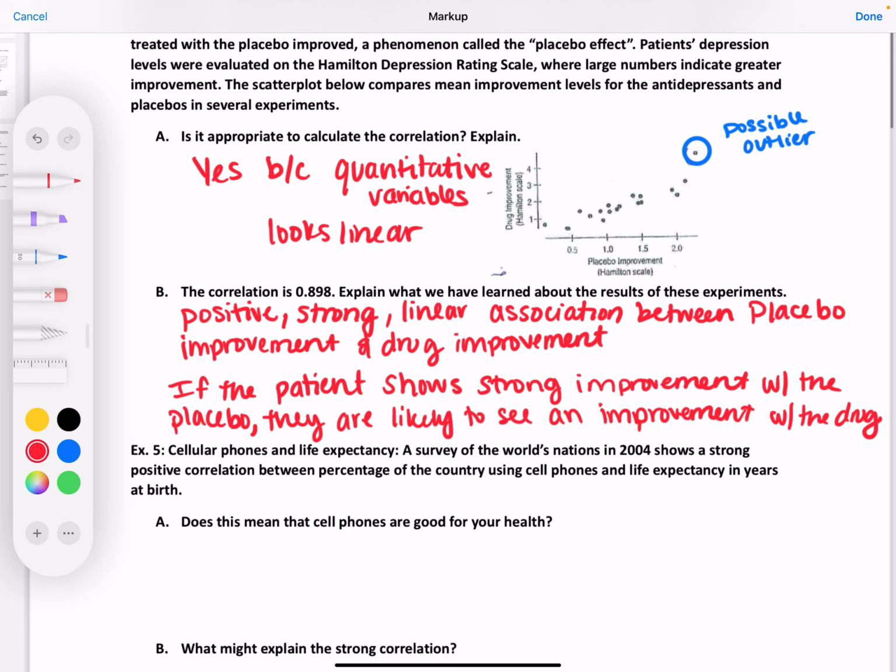All right, so cellular phones and life expectancy. A survey of the world's nations in 2004 shows a strong positive correlation between the percentage of the country using cell phones and life expectancy in years at birth. Does that mean that cell phones are good for your health?